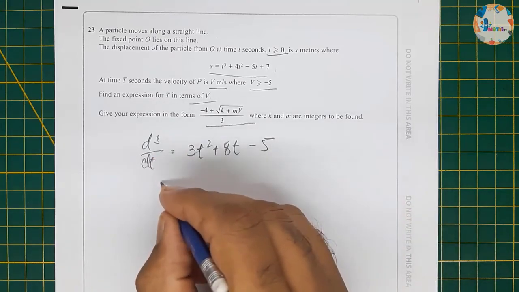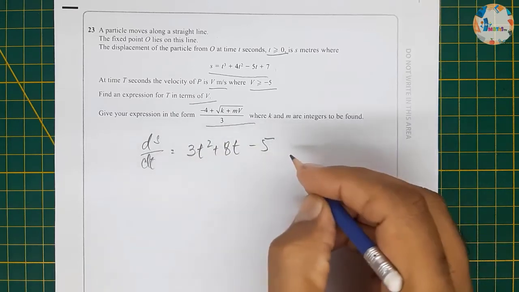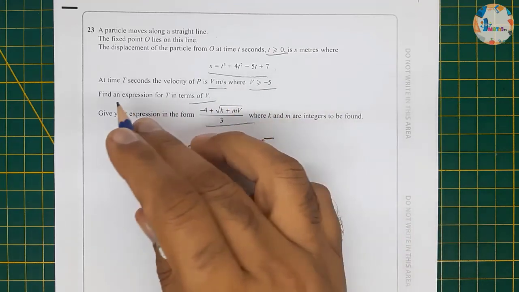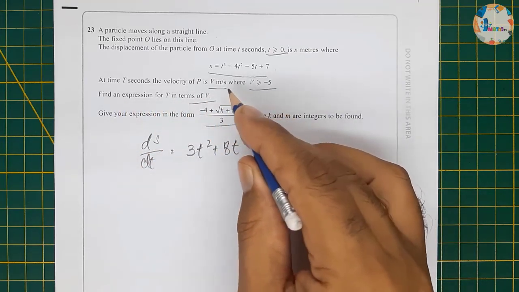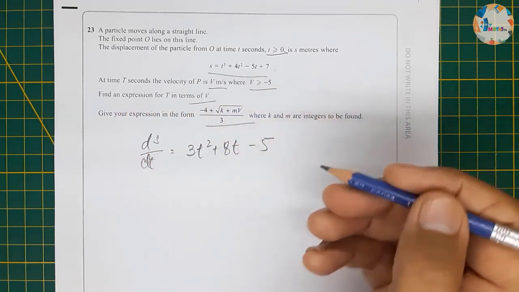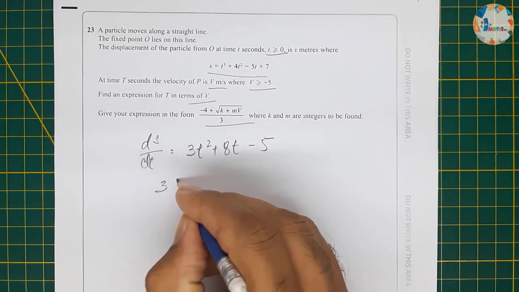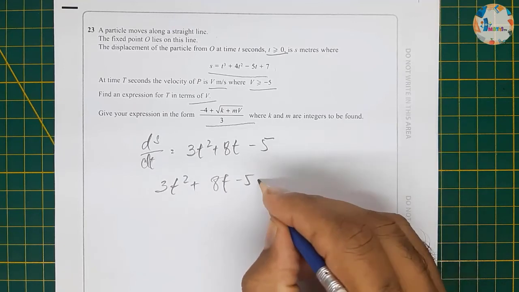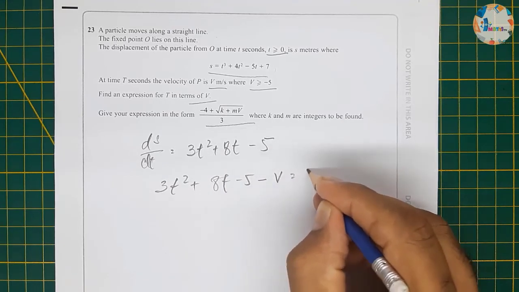So we can write v is equal to this one. They are saying that at time t seconds, the velocity of P is v meters. So our equation will be 3t square plus 8t minus 5 minus v is equal to 0.